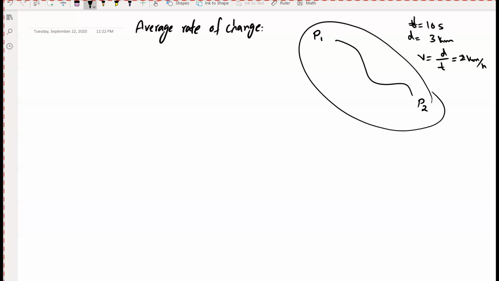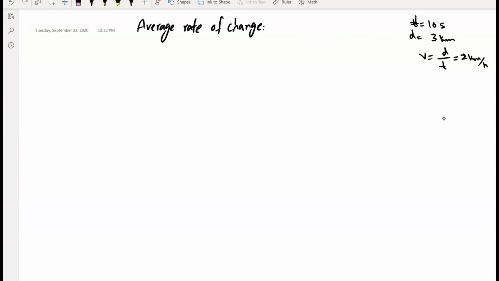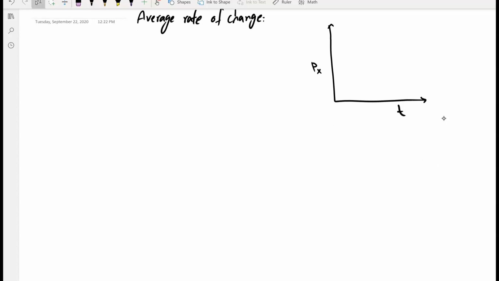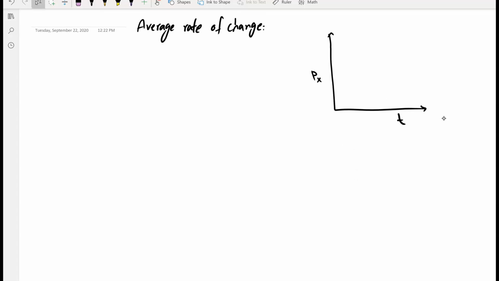Let me show you an example. Let's say you have a graph, a position time graph. It's position x and time. Okay, and the position time graph will give you something like this.